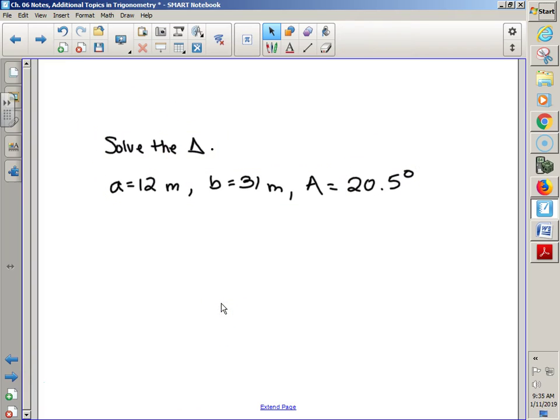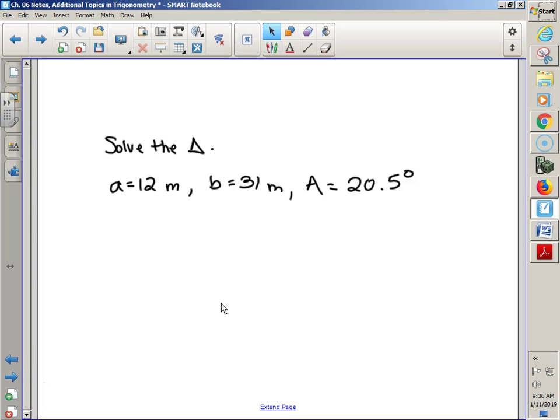Ready? I want us to do a 6.2 practice. If I were using like a different colored pen in the back of your homework spiral, I would say SSA with law of sines and SSA with law of cosines. SSA is nasty no matter which way you cut it. It's a little tricky. It's not horrible. It's not impossible. But it's a little tricky.